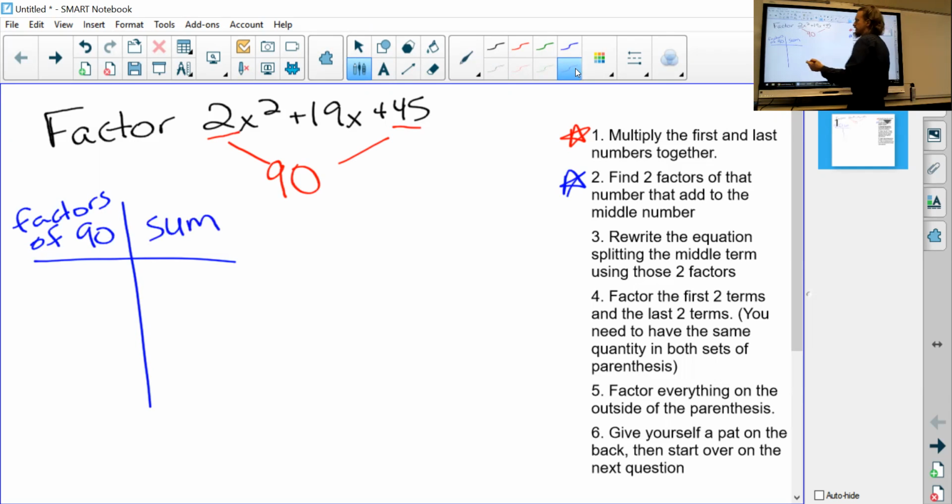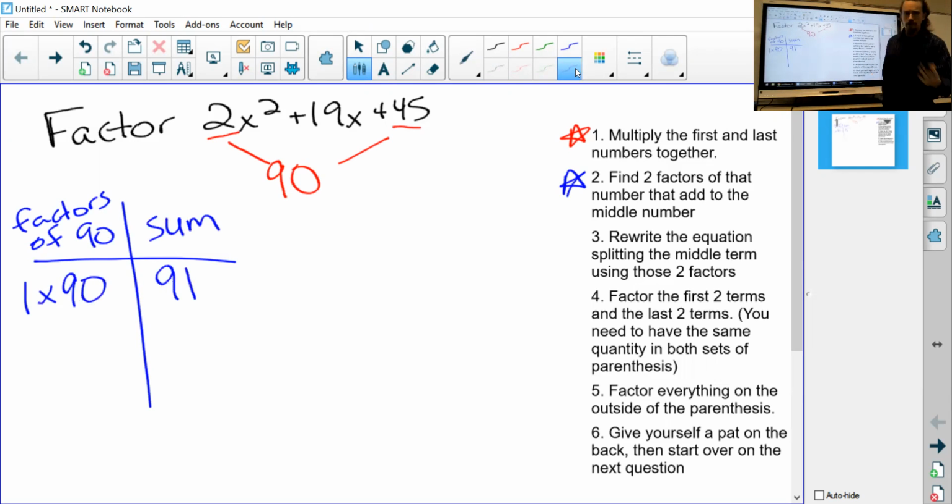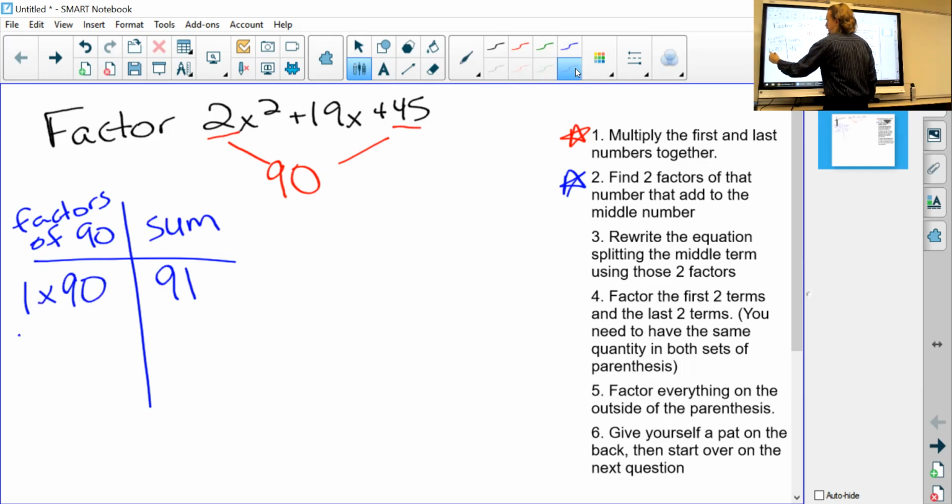Okay, so I know everything is positive, so I know my factors are going to be positive, so I know one pair of factors is 1 times 90. But that adds up to 91, which is not 19, so I keep going. I know 2 times 45, but that adds up to 47. Getting closer though.